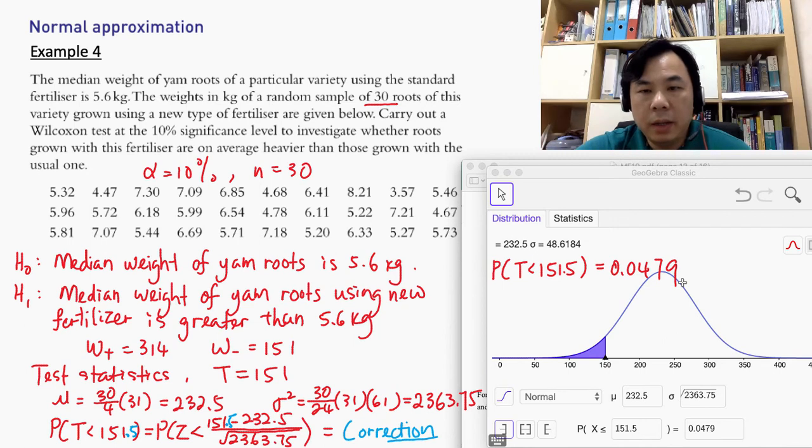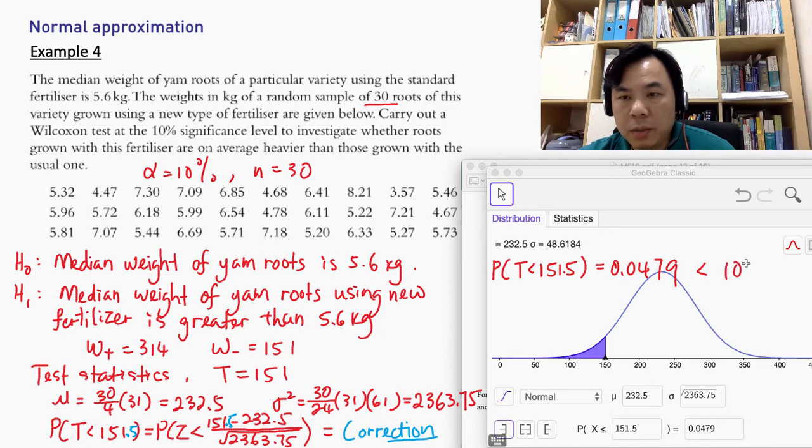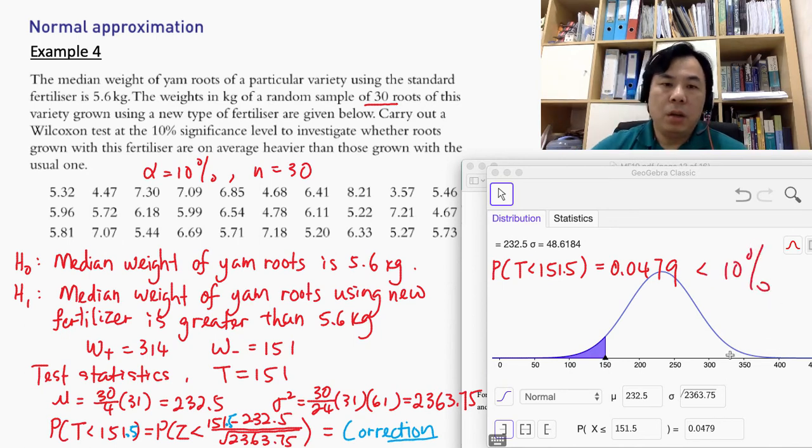Okay, and then 0.0479 actually falls within the rejection region there, because the rejection region is 10%. Because the rejection region is 10%, this is smaller than 10%. Therefore, we have sufficient evidence to reject.